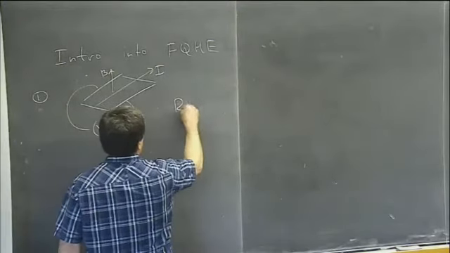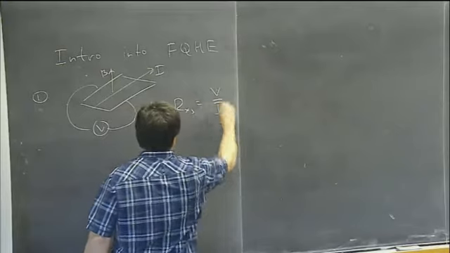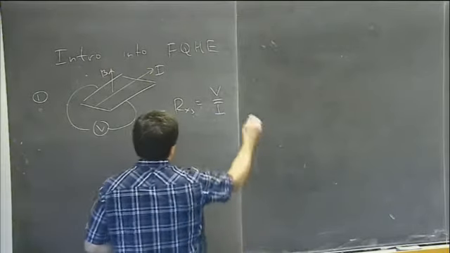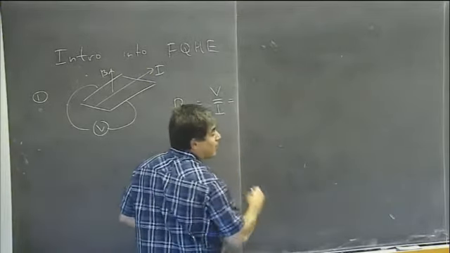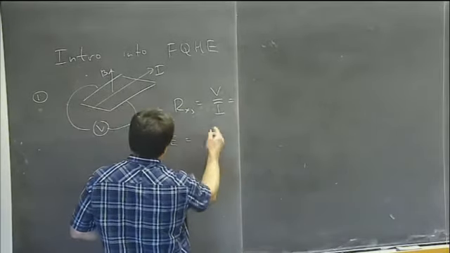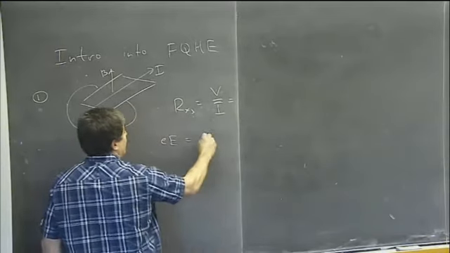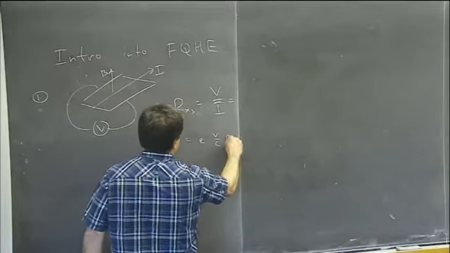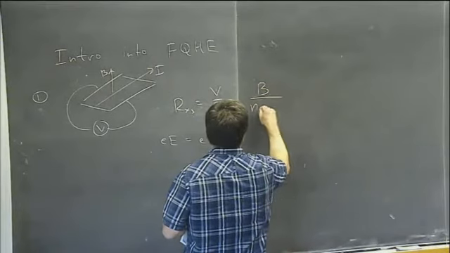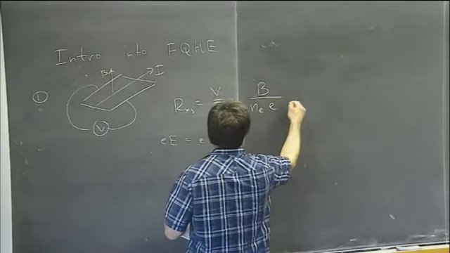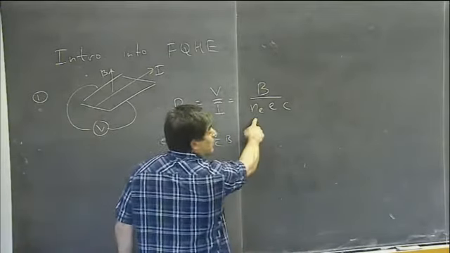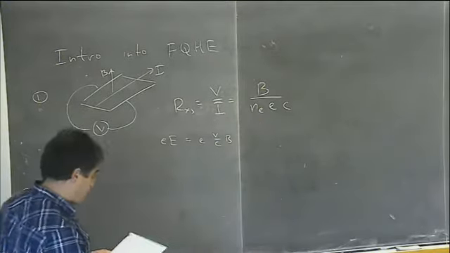We introduce the ratio of voltage to current and call it Hall resistivity, and a simple classical balance between the electric force eE and the Lorentz force due to the magnetic field, evB over c, gives you an estimate for this Rxy, which is just the magnetic field divided by the concentration of electrons and e times c. e is the electric charge of electrons, c is the speed of light, n is the number of electrons per unit area, B is the magnetic field perpendicular to the sample.